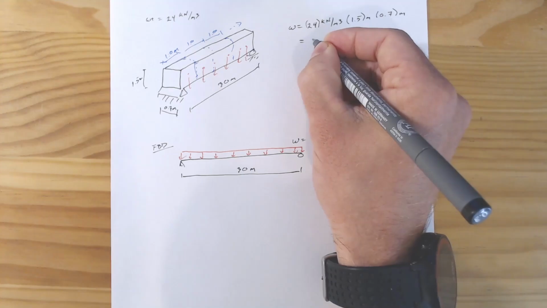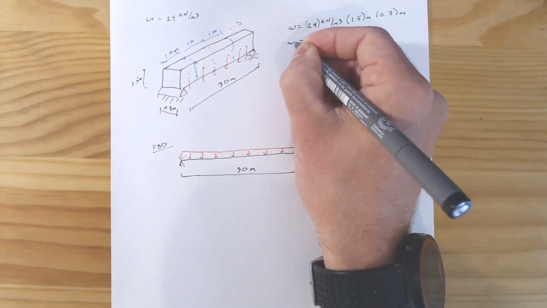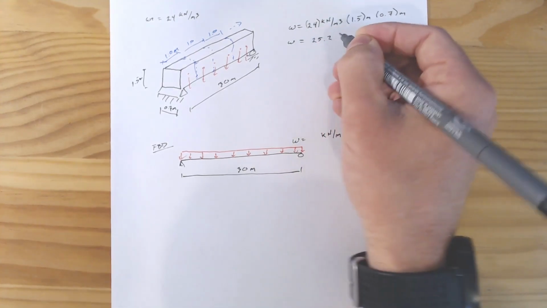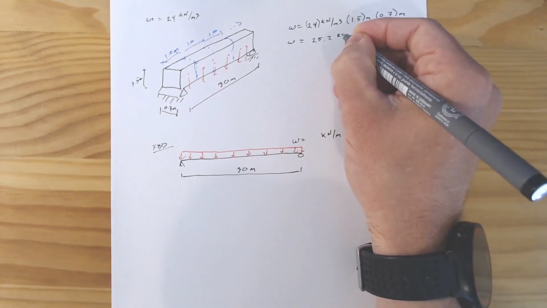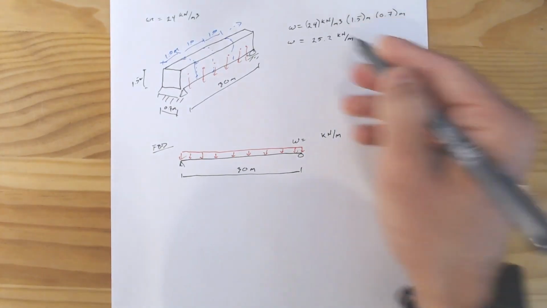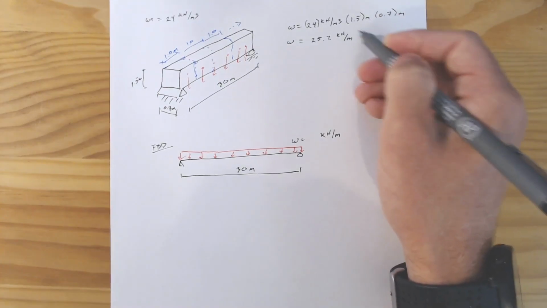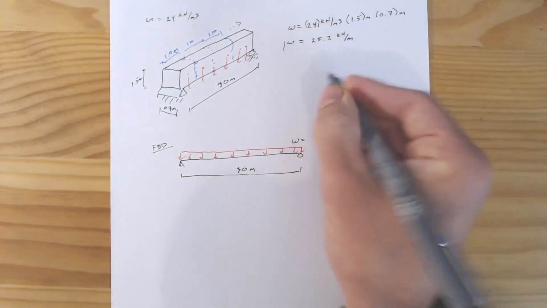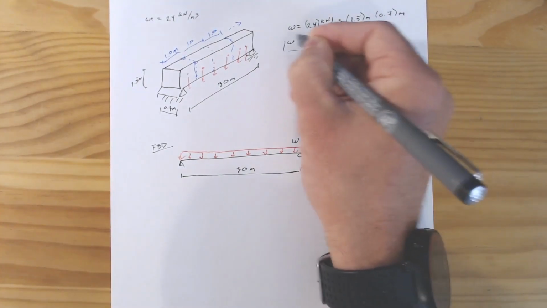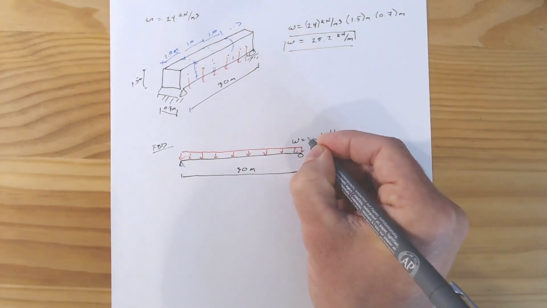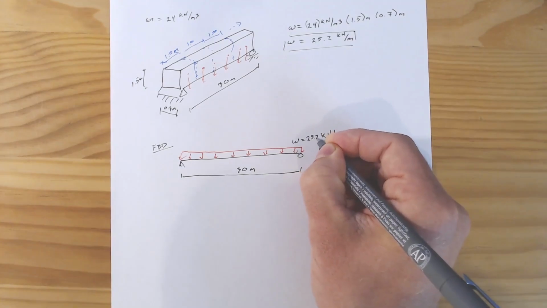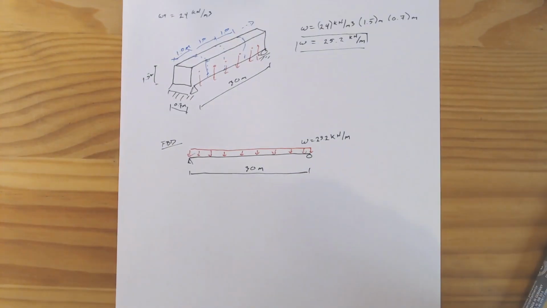We would get 25.2 kilonewtons per meter, because meters cubed on the bottom, meter times meter squared, that just leaves us with kilonewtons per meter. So W equals 25.2 kilonewtons per meter. Should feel pretty nice and straightforward, hopefully.